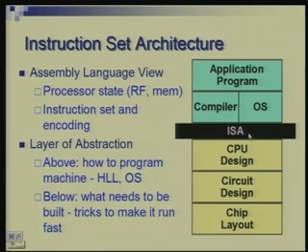Below the ISA level you have the broad CPU design, then at a lower level you have circuit design. And for fabricating this circuit, for physically realizing this, you need to have a layout, where you need to worry about where you place a transistor, where you place a wire, how you interconnect them and so on. So, it is not just a network, but a physical dimension, a physical manifestation is assigned to these components.